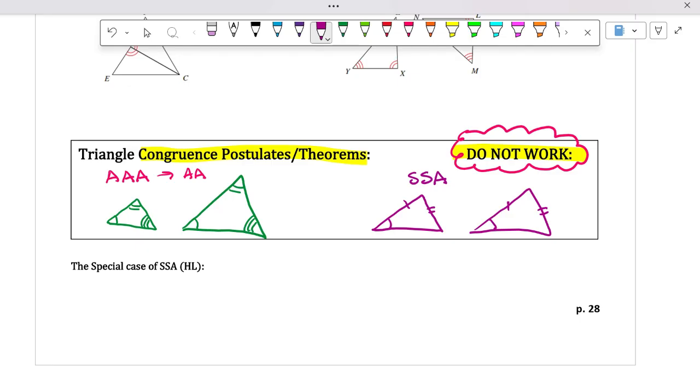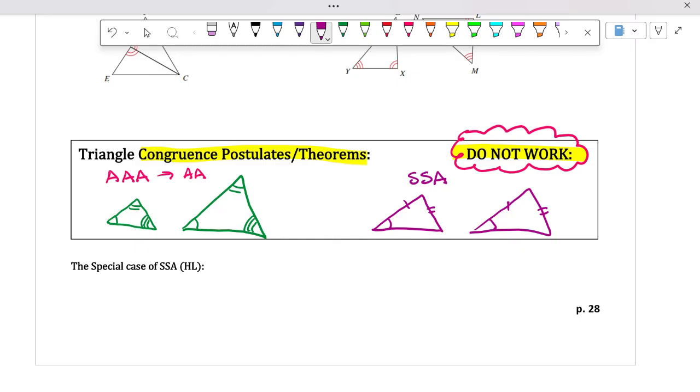But why SSA wouldn't work is because if this is the angle marked, this side could be a different length than this side and still give you the same angle and still be connected by the same side length. All right, that's why. So what controls the length of this side is this angle.